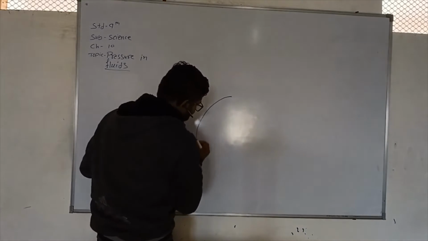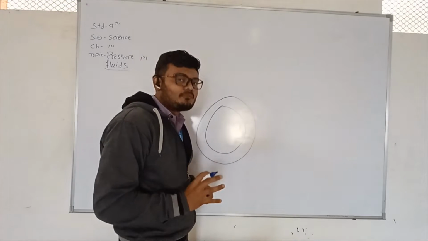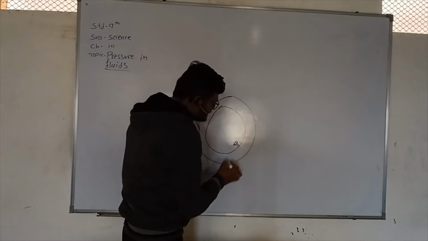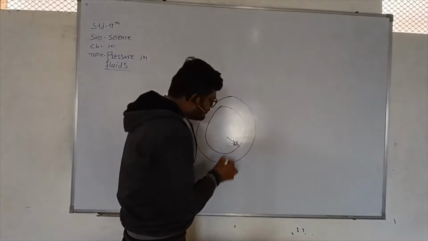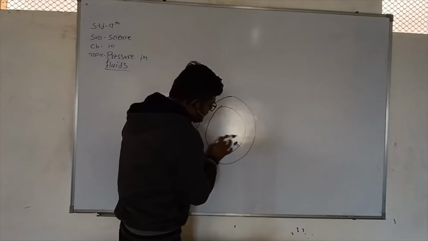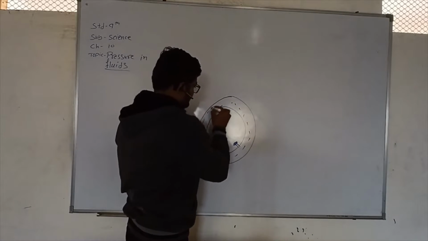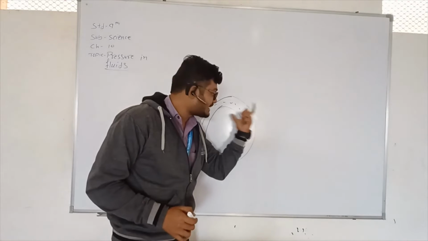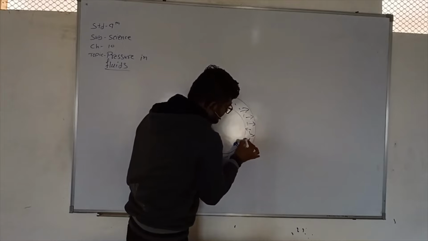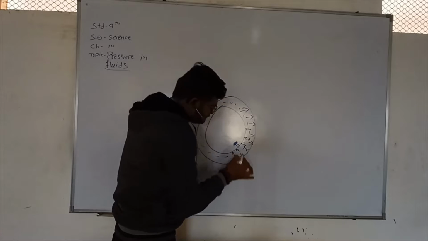Suppose that this is the tube of any tire, and here is the valve, as we call it. From here the air is blown inside, and when the lid of that valve is closed, the air which is inside that tube applies pressure on the tube's walls, right?